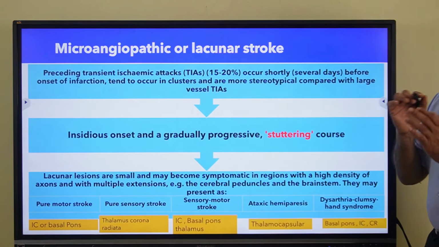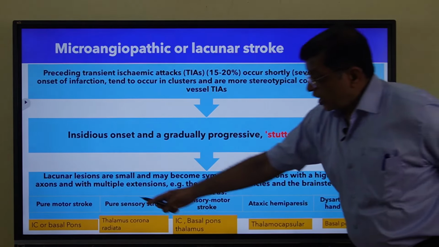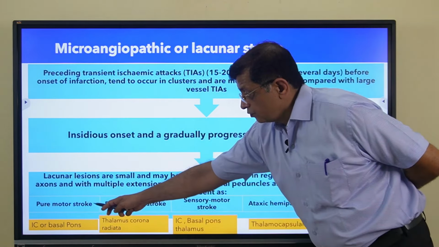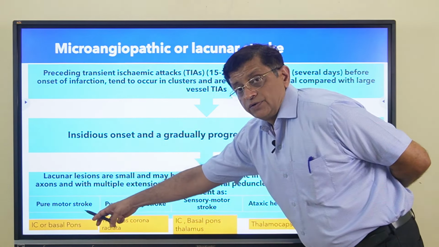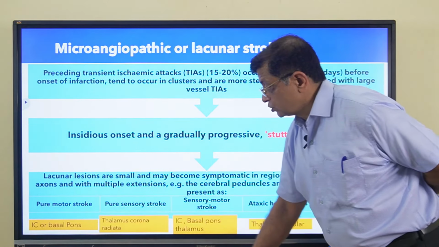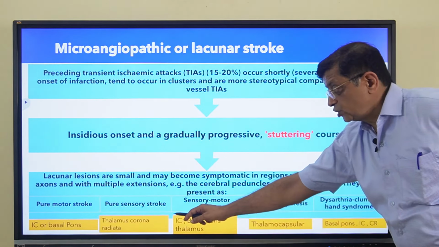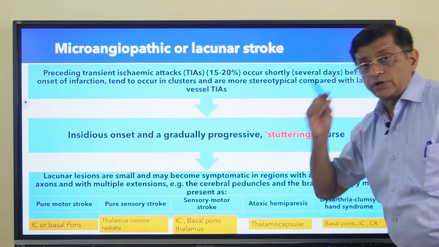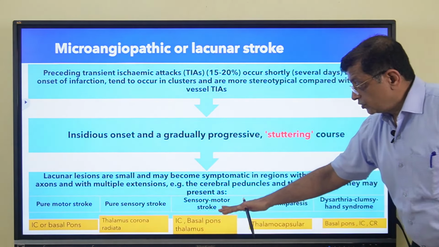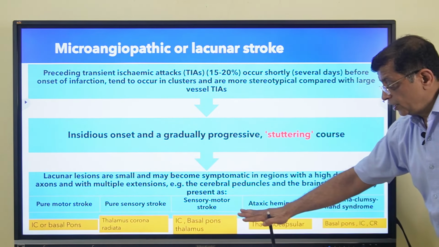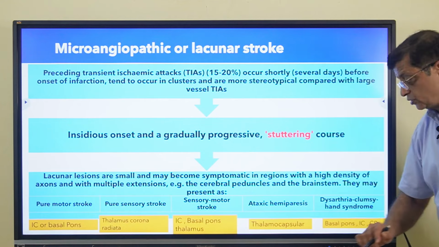Depending on the site of occlusion, they could have pure motor stroke when there is a lesion in the internal capsule or basal pons. They could have pure sensory stroke when the thalamus or corona radiata is involved. They could have sensory motor stroke when the internal capsule, basal pons or thalamus is involved.